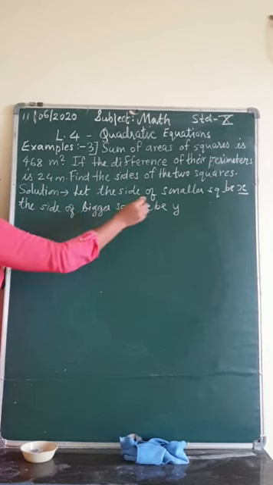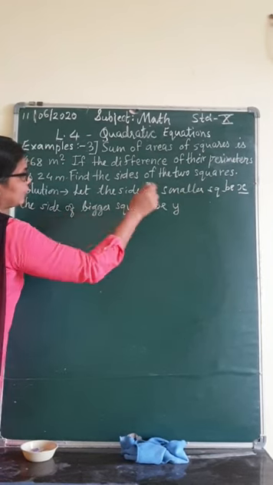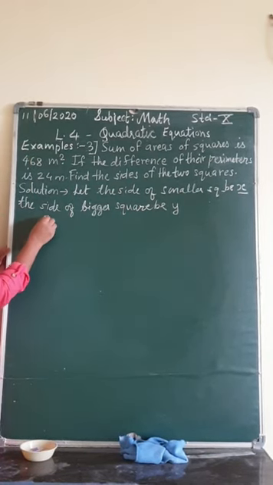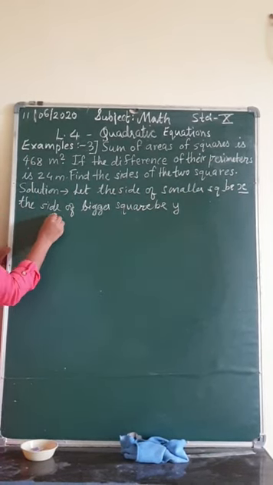Now you know the perimeters of squares with sides x and y are 4x and 4y respectively. What they have given, the difference of perimeters is 24 meter.